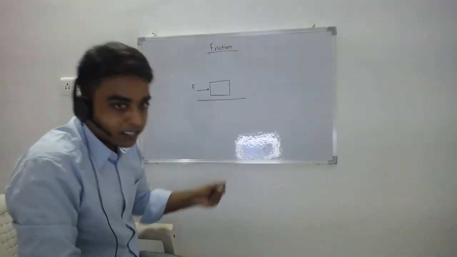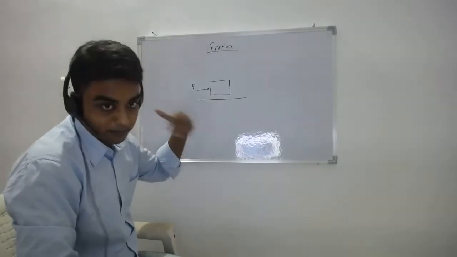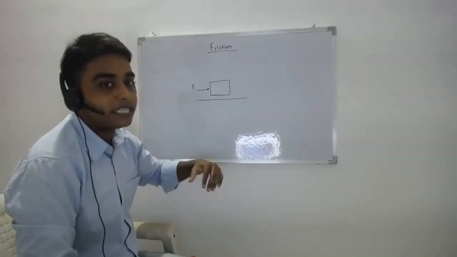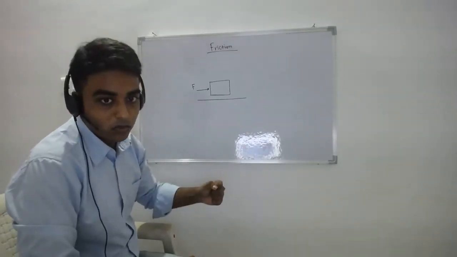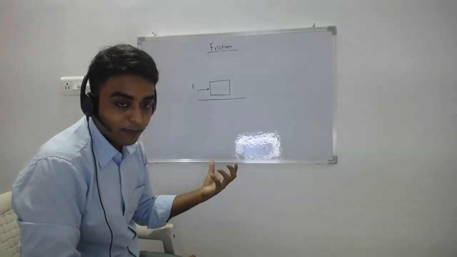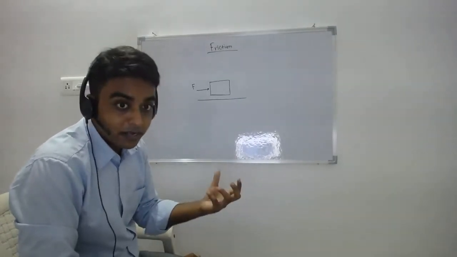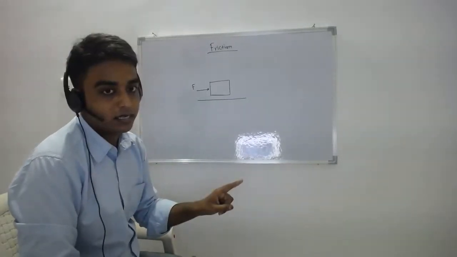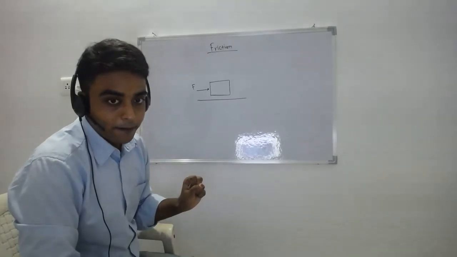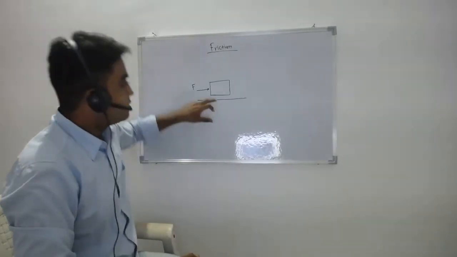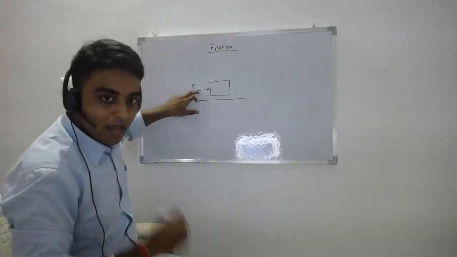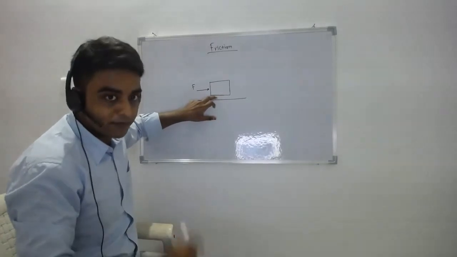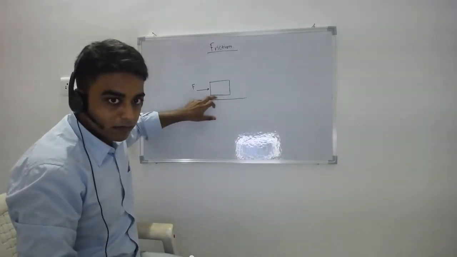Okay, there are two possibilities: the surface is moving, or the surface has a tendency to move. Like I said, when does friction act? It acts when there is a relative motion or a tendency of relative motion. So when we are applying a force on this object, this surface has a tendency to move forward.